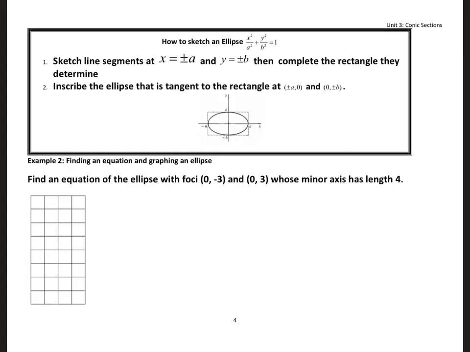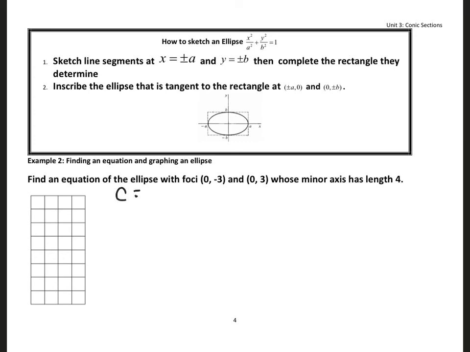Okay, now let's see how we can sketch an ellipse, given some information. Find an equation of an ellipse whose focus is 0, 3 and 0, -3. So what do we know about this ellipse?